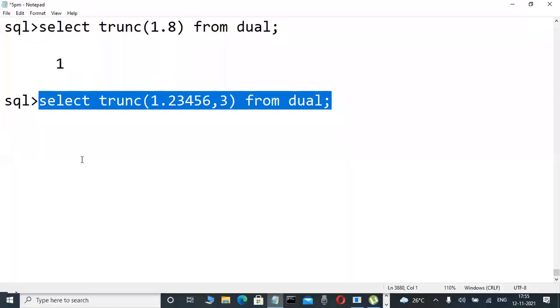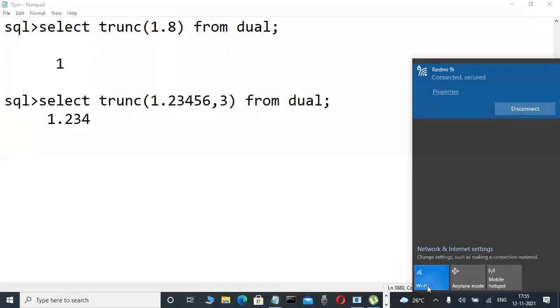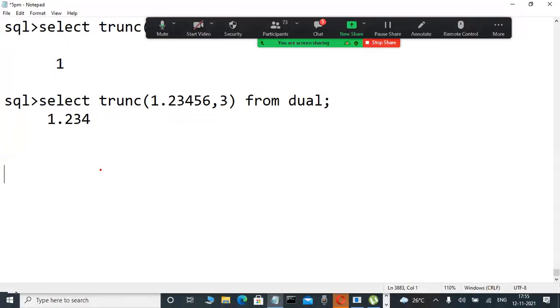Then I will tell you an important function on the number function side. Observe here, very important. Among number functions, which are important in a project?